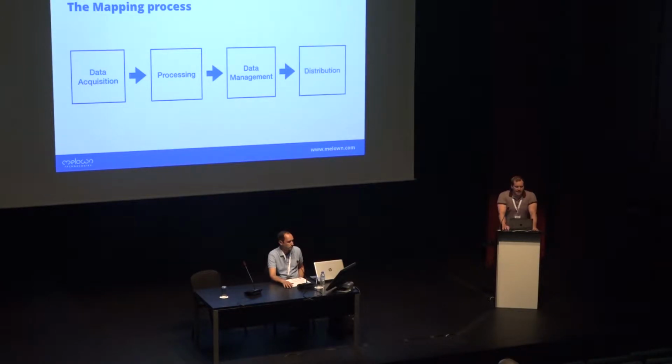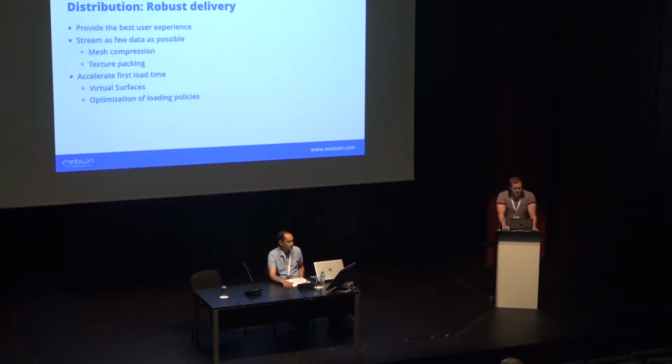And the last part of the mapping process is distribution. To provide the best user experience, we need to keep in mind the basic rules of what is important for streaming, and streaming needs as few data as possible. So in VTS we optimized streaming by advanced mesh compression and by texture packing.